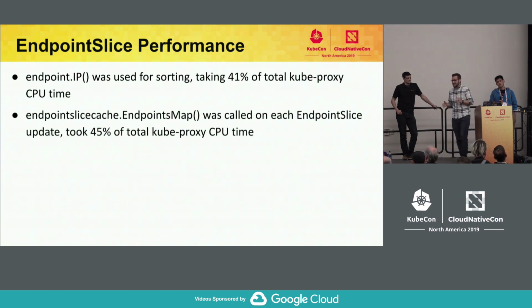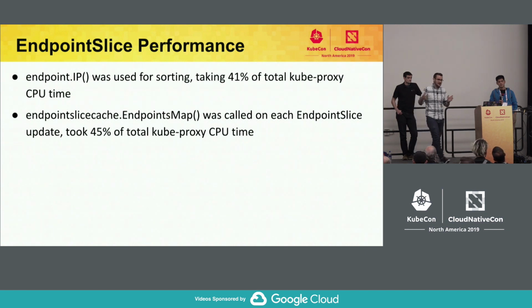On to the next problem. There's this thing in endpoint slice cache that transforms a whole bunch of endpoint slices into a data structure called endpoints map. This is the data structure that Kube Proxy uses behind the scenes to actually render proxy rules, whether that's iptables or IPVS. And this was called on each endpoint slice update.